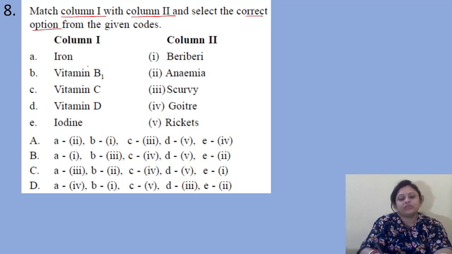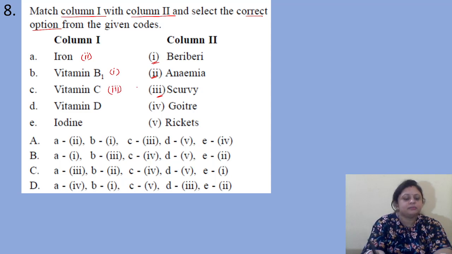Okay, so we have to match the columns. Iron, in deficiency of iron, anemia occurs. So we can write here option 2. In deficiency of vitamin B1, beriberi occurs. So we can write here option 1. In deficiency of vitamin C, scurvy occurs. So we can write here option 3. In deficiency of vitamin D, rickets occurs.